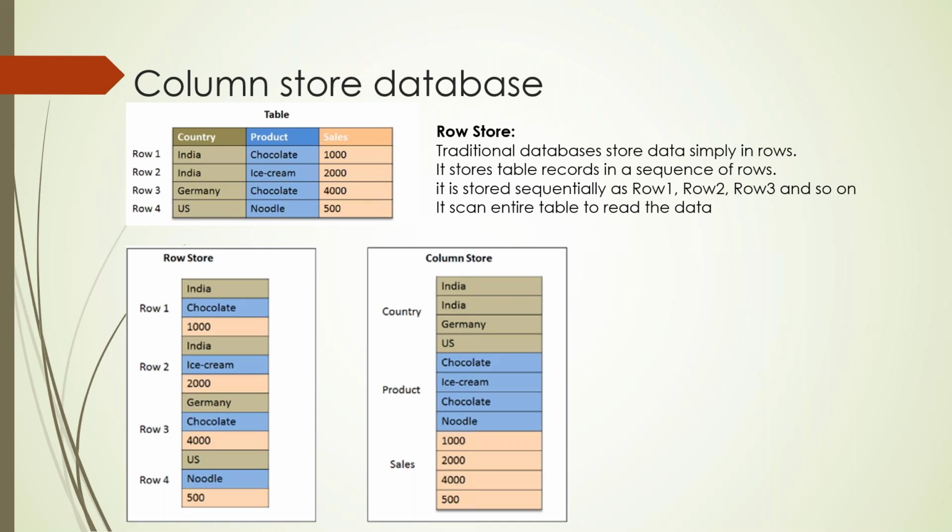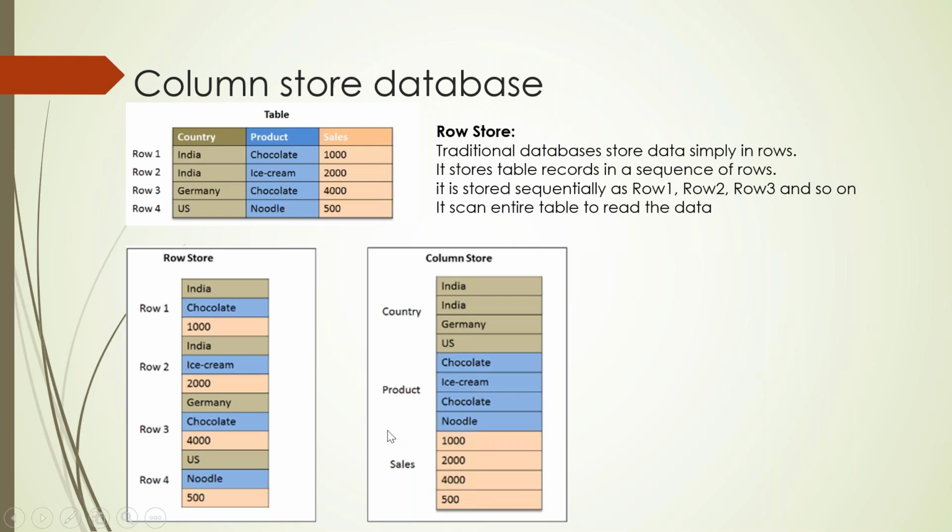Whatever columns you specify in the statement, it reads those columns directly. Here the country column is read and scanned, and it gives you the results. So you require only one read operation in a column store. Reading in the column store is cheaper, meaning faster. If you want to perform a write operation, like writing a row 5, then you need to write records in the country column, then the product column, then the sales column.